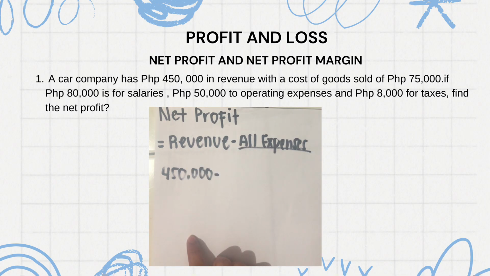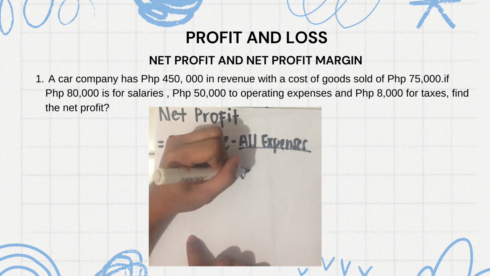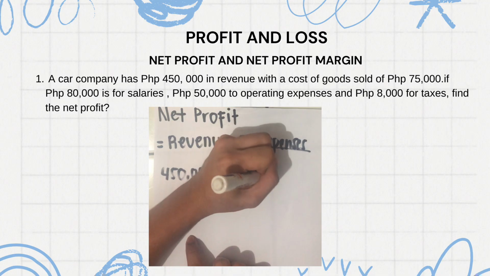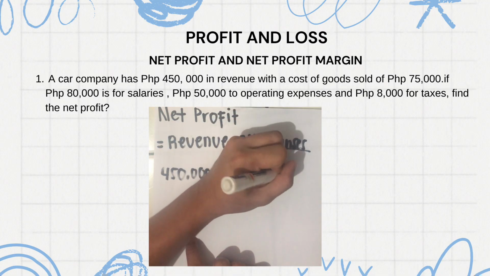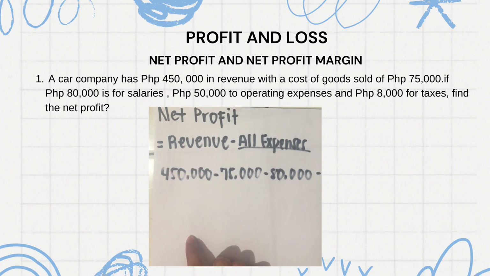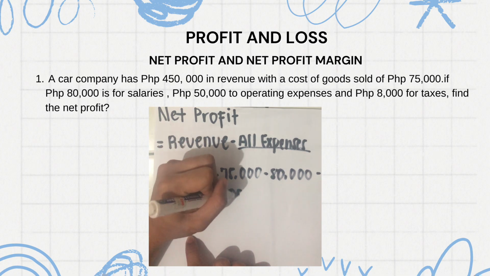All expenses is 75,000 minus overheads, 80,000 minus 50,000 salaries minus 8,000.